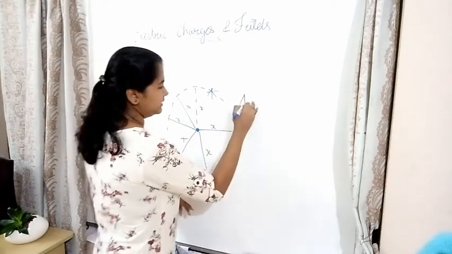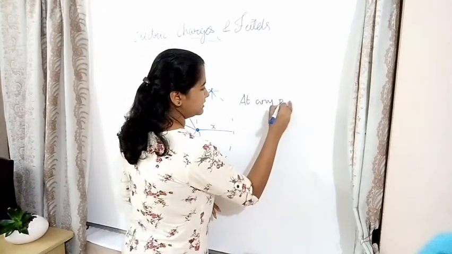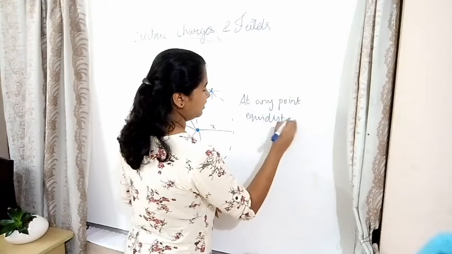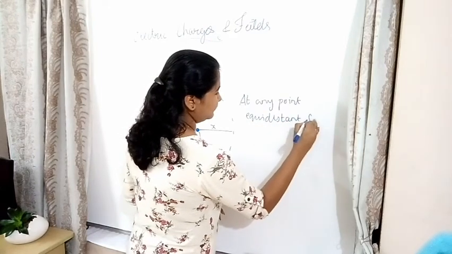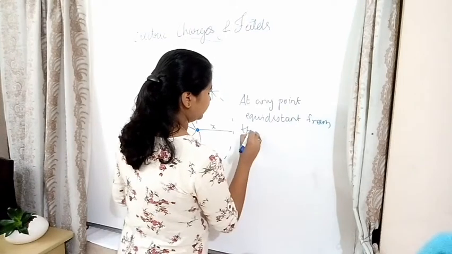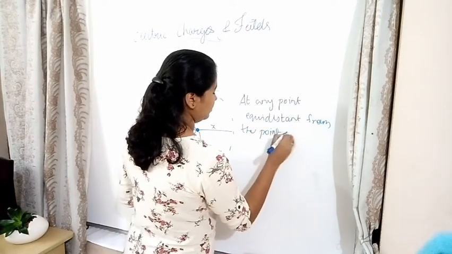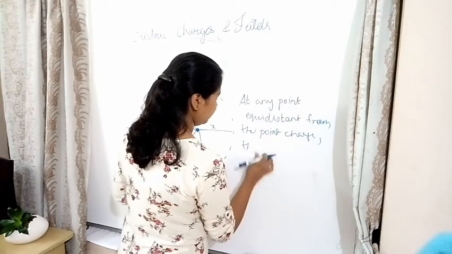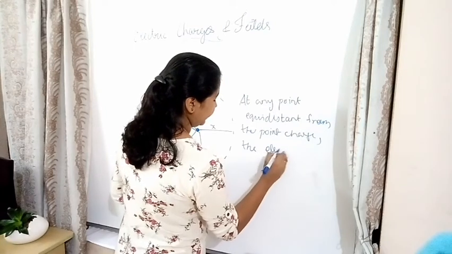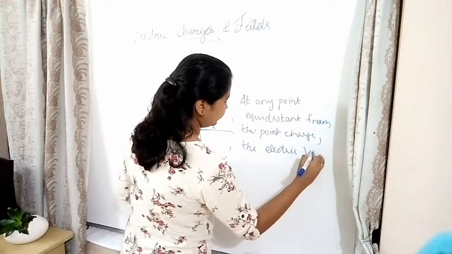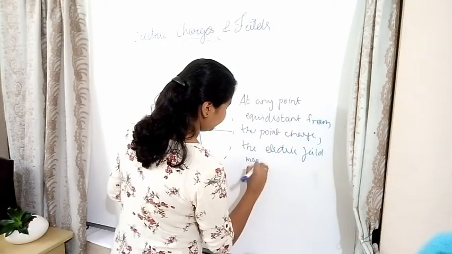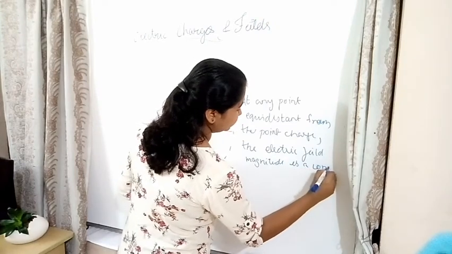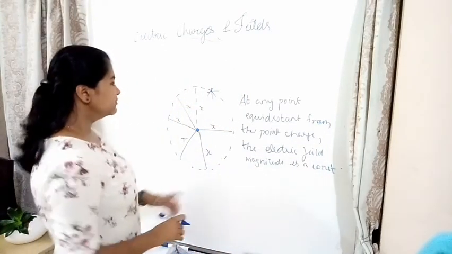At any point equidistant from the point charge, the electric field magnitude is a constant. It's the same.